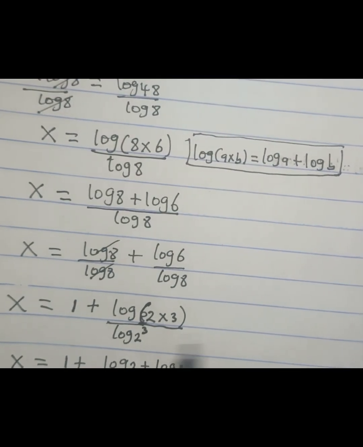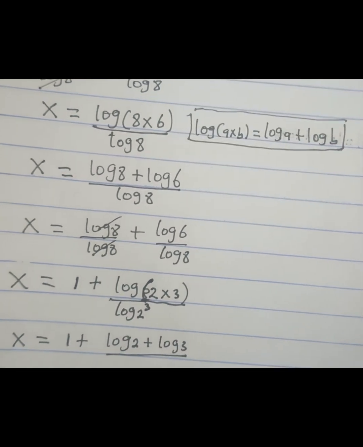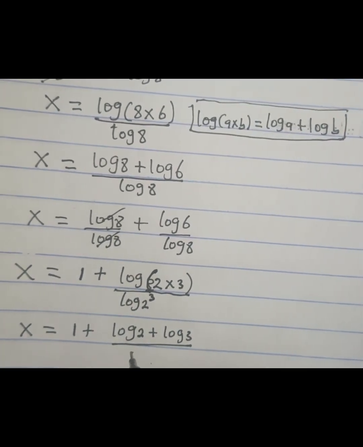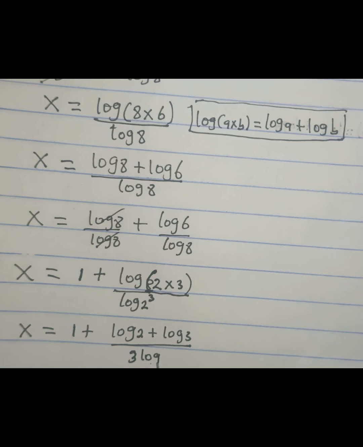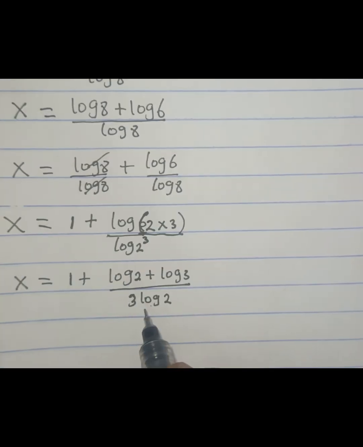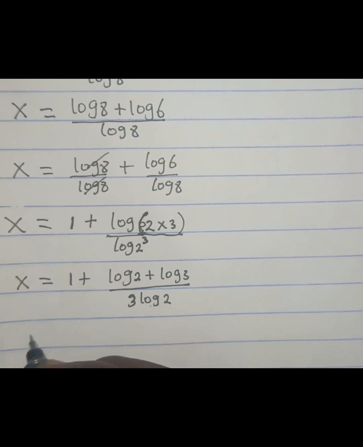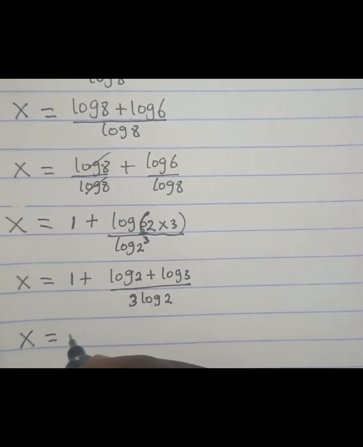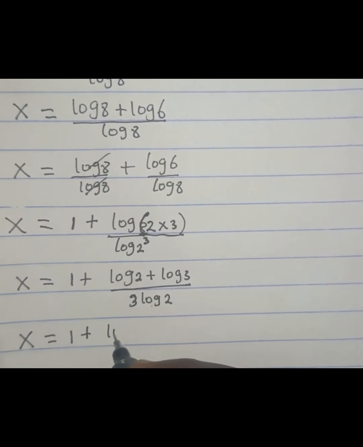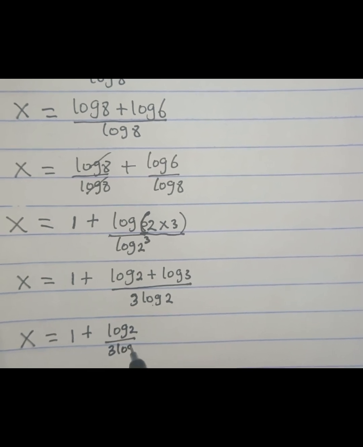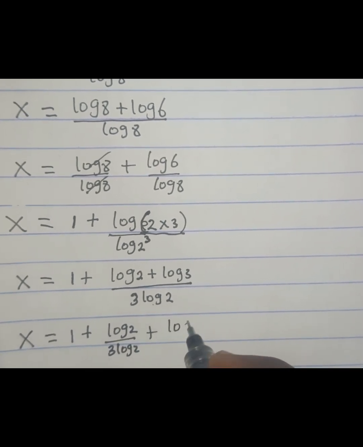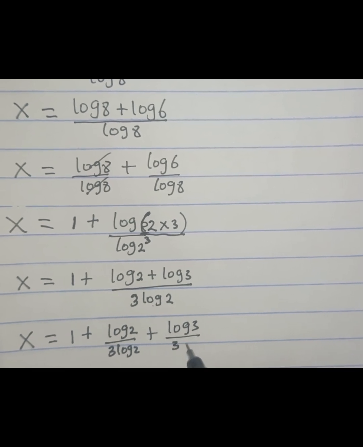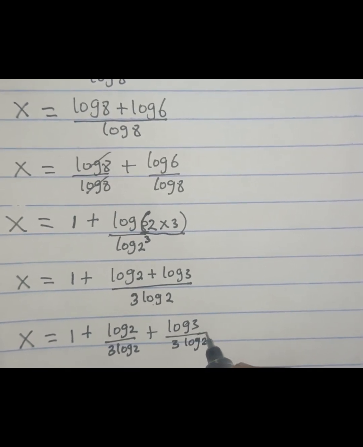So here this power can also come back and multiply the log, so we're going to have 3 log 2. Log 2 can share this denominator, and also log 3 can share this denominator. So x will be equal to 1 plus log of 2 over 3 log 2, then plus log of 3 over 3 log 2.